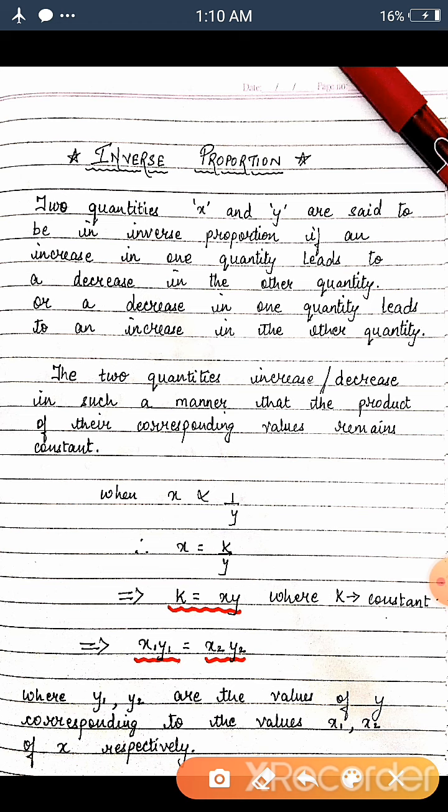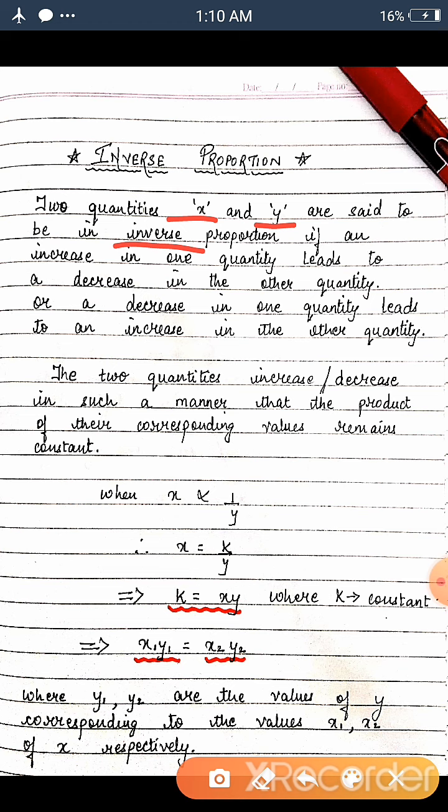So this type of a variation where one quantity increases and the other decreases, or one quantity decreases and the other increases, is called inverse proportion. So let's say x and y are in inverse proportion.